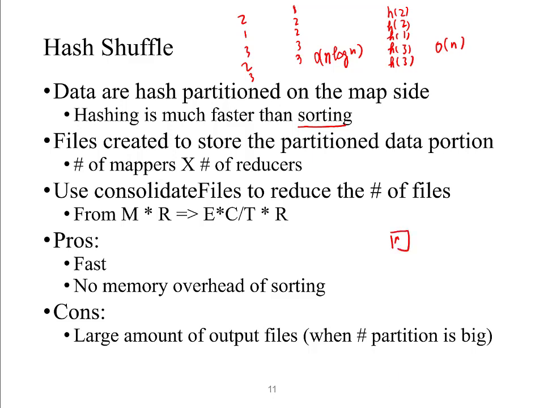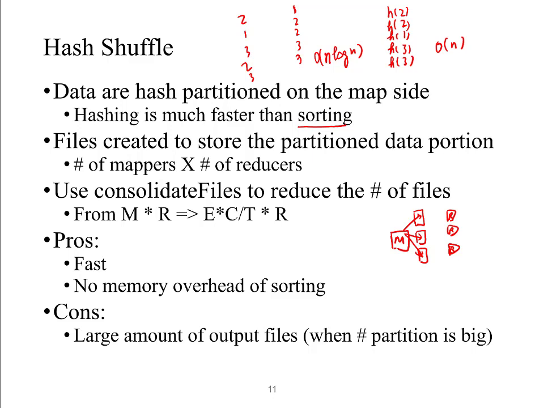So basically, for one mapper, let's say there are 3 reducers, then it will create 3 files and write the data into different files, also partitions, based on their key, right?